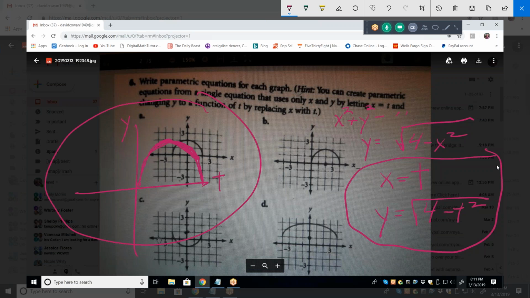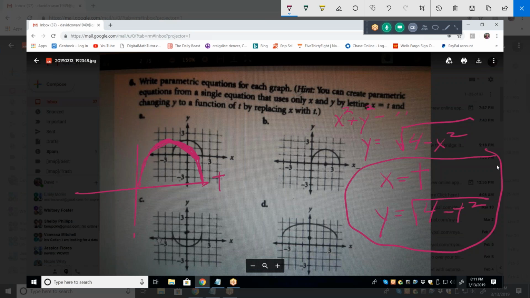Okay. So parametric equations are extremely valuable, and that's the reason we can switch back and forth between parametric equations and rectangular ones. Now, there's also something they call an arrow.